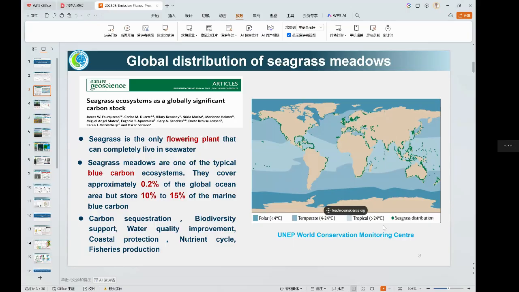They cover about 0.2% of the global ocean area, but store 10% to 15% of the marine blue carbon. They have multiple ecosystem services, including carbon sequestration, biodiversity support, water quality improvement, coastal protection, nutrient cycling, and fisheries production.